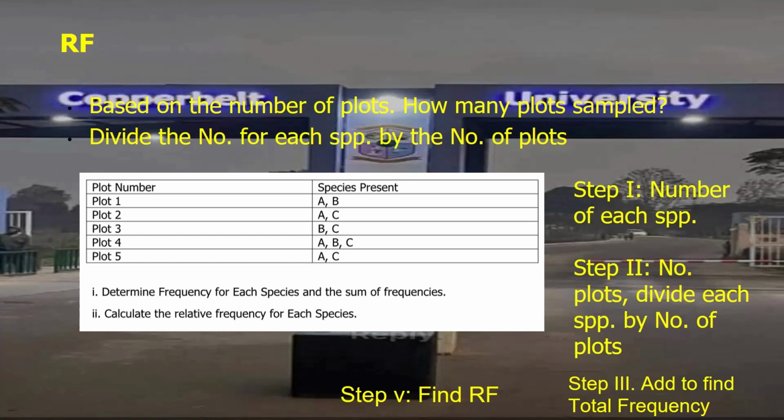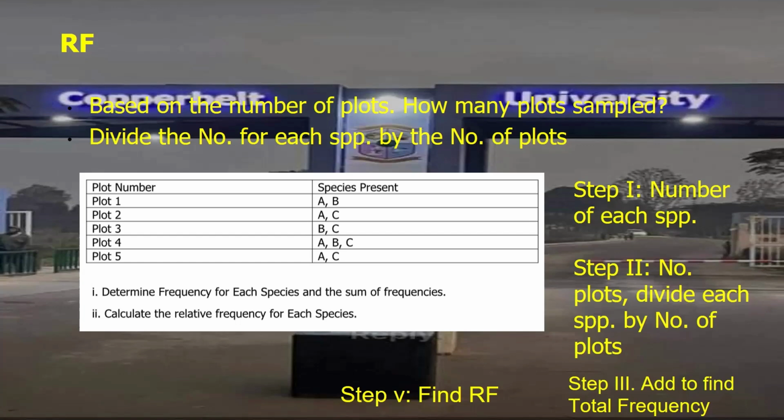So the total frequency across all the 3 different species is the frequency for species A plus species B plus species C. So we are saying 0.8 plus 0.6 plus 0.8, which gives us a sum of 2.2 as the total frequency.